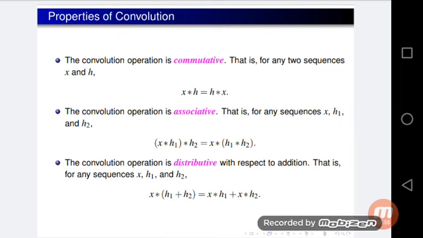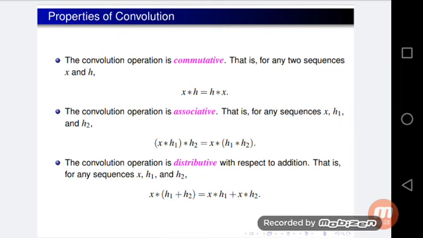The convolution operation is associative. That is, for any sequences x, h1 and h2, x into h1 into h2 is also written as x into h1 into h2.